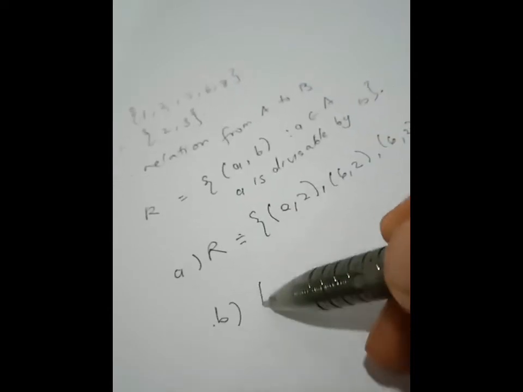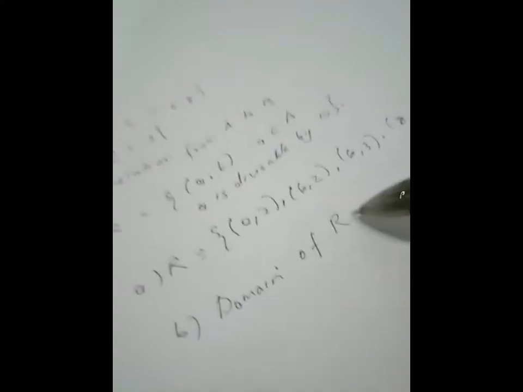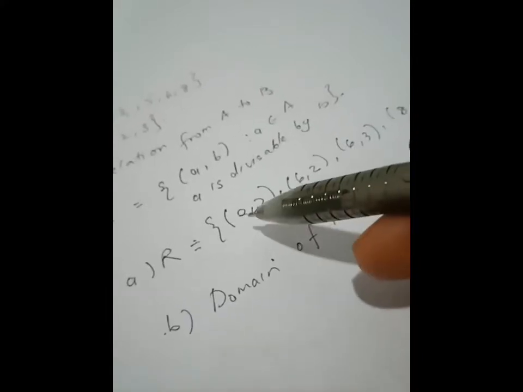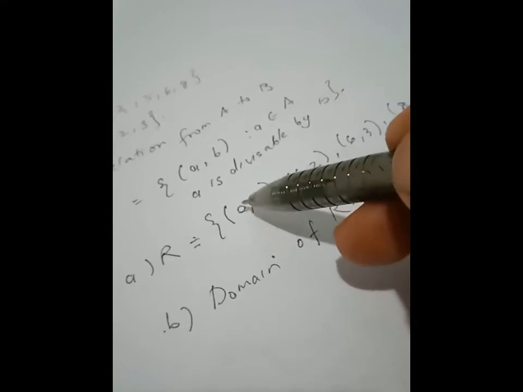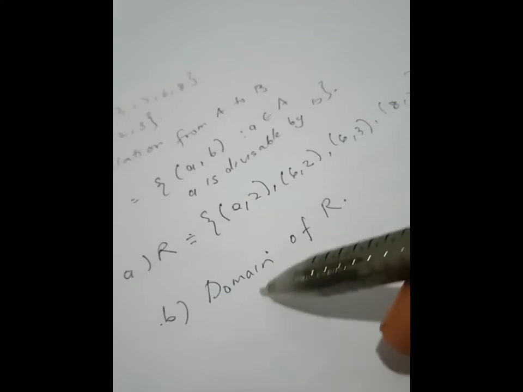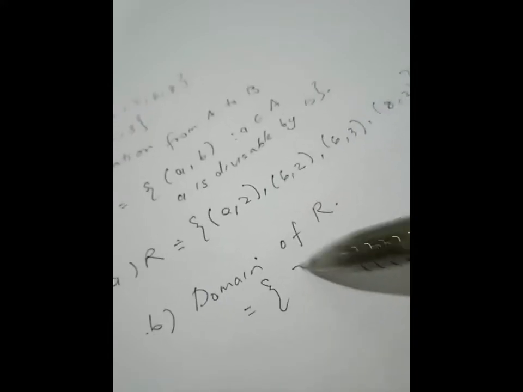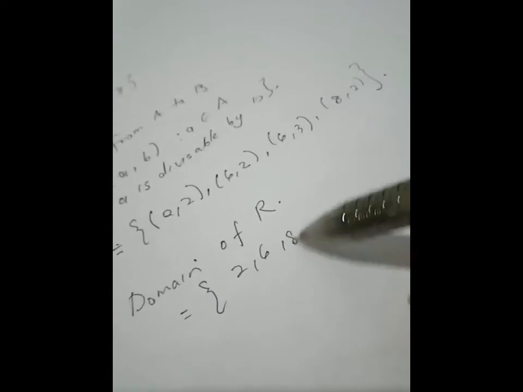Next, find the domain of R. The domain of R is all elements at the starting point, meaning all the x values here. So the domain of R is given by 2, 6, and 8.